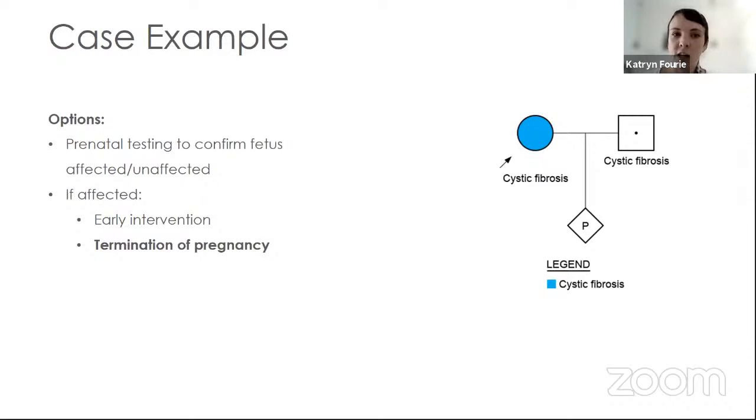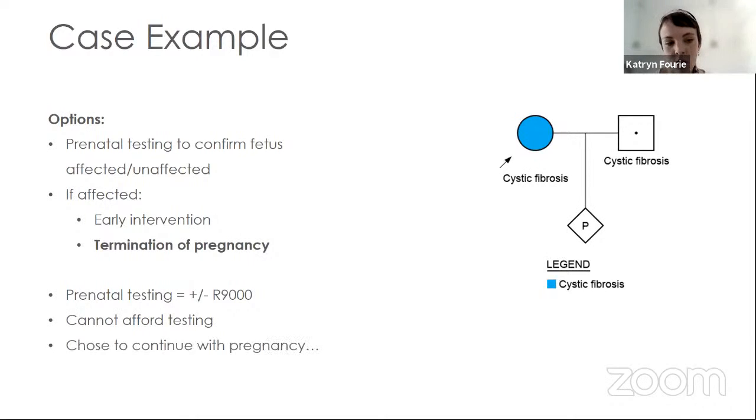Should the fetus be affected, you can do things like early intervention, which slightly improves the outcome, or a termination of pregnancy, which is what this couple would like to opt for. However, prenatal testing is very expensive and they can't afford the testing, so they ultimately choose to continue with the pregnancy.